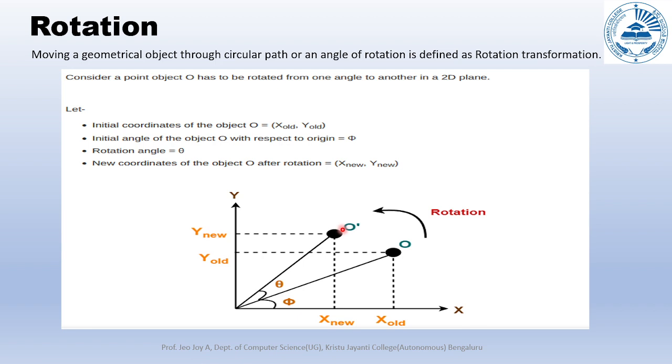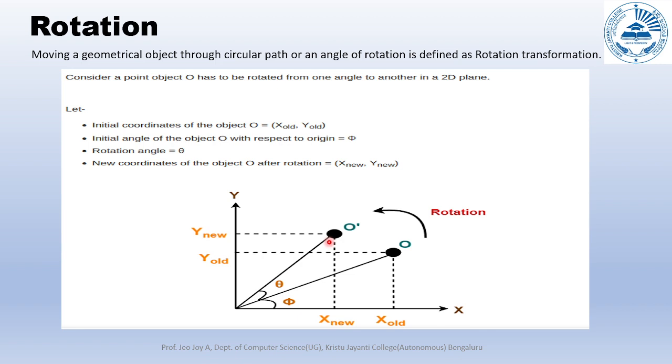Similarly, O dash can be represented in terms of trigonometric functions, where x new is equal to r cos of theta plus phi. If you expand cos of theta plus phi using the cos a plus b formula, you get cos phi cos theta minus sin phi sin theta.